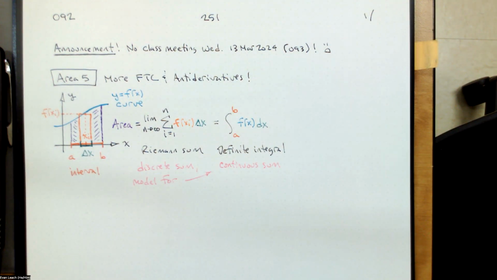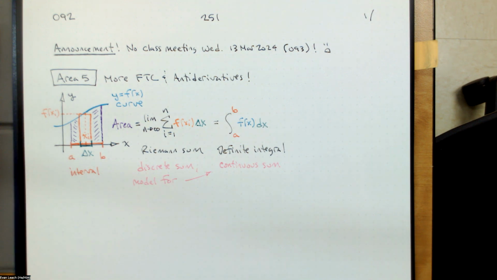The Riemann sum starts off as a discrete sum, and it's acting as a model for the continuous sum. The continuous sum is very suspicious because it's like, I'll evaluate f of x dx at all the points from a to b, then add up the results. And we're like, oh, that's a continuum. Where do we put the plus sign?